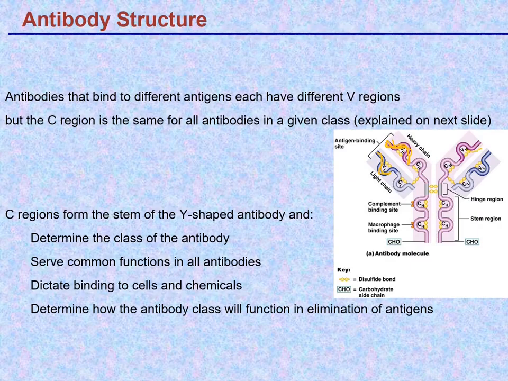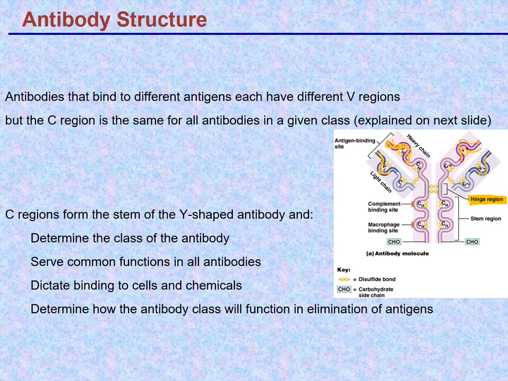These 2 are the same, they're on the same molecule, but otherwise they're very different from what the next cell can produce. So they form this kind of Y-shaped molecule. It's very flexible. The area that allows it to be flexible is called the hinge region. Hinge, like hinge on a door.